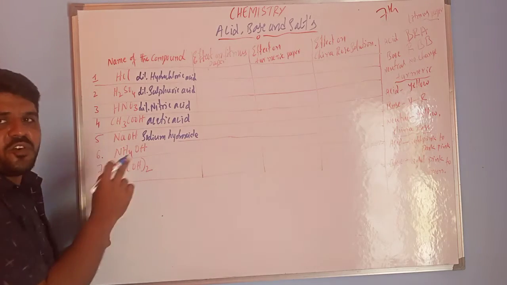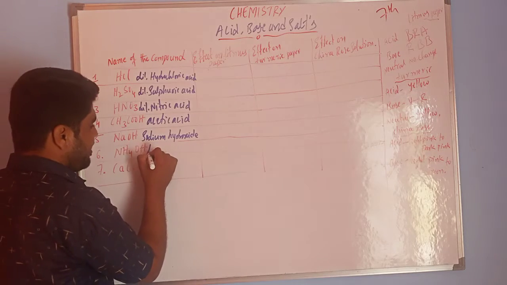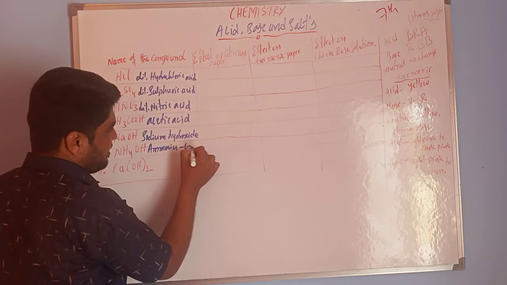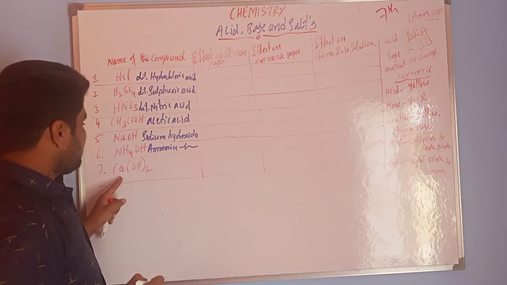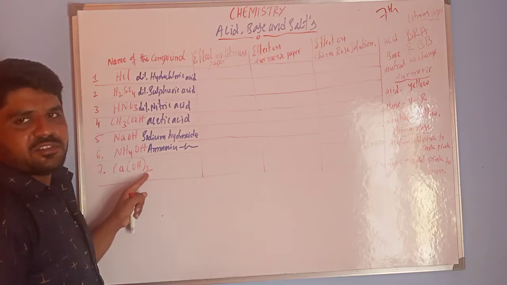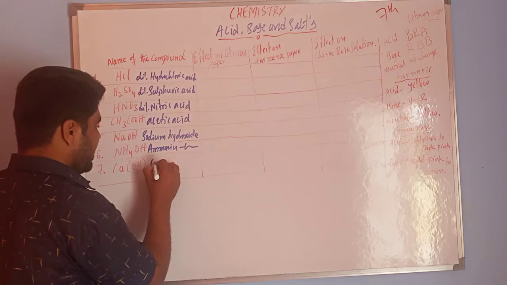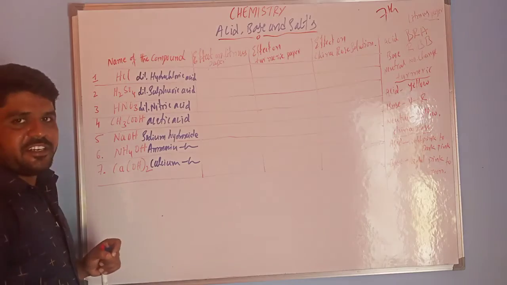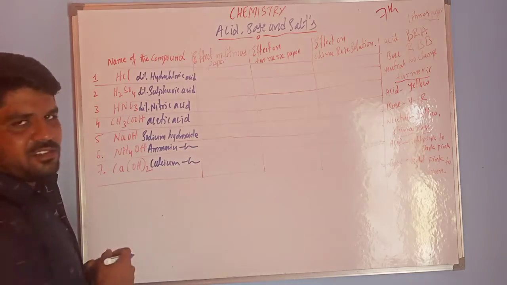Next NH4OH, ammonium hydroxide. Next Ca(OH)2, that is calcium hydroxide. So these are the chemicals.